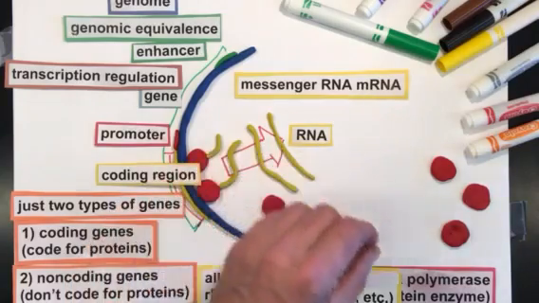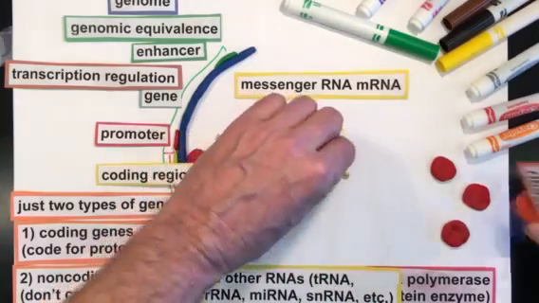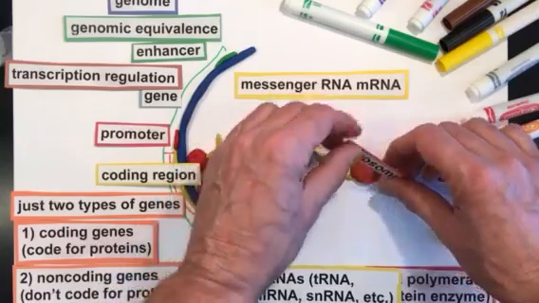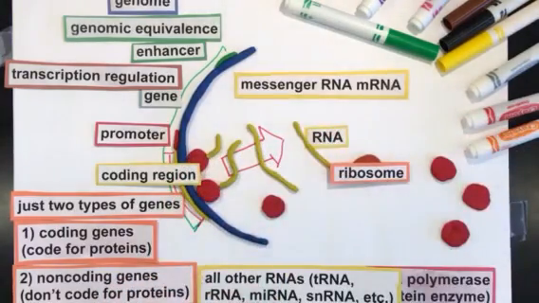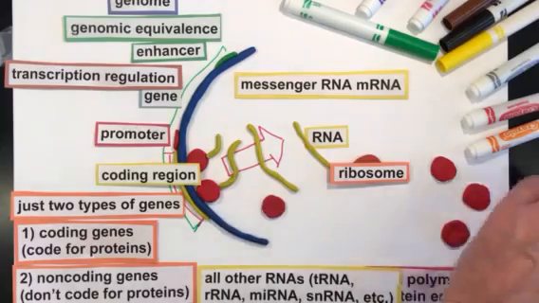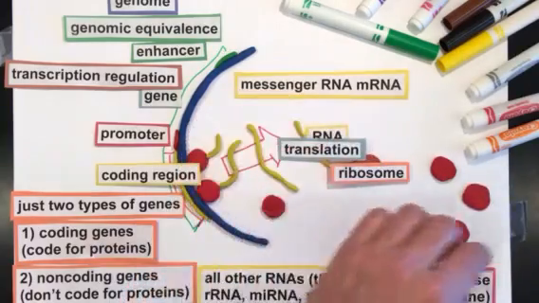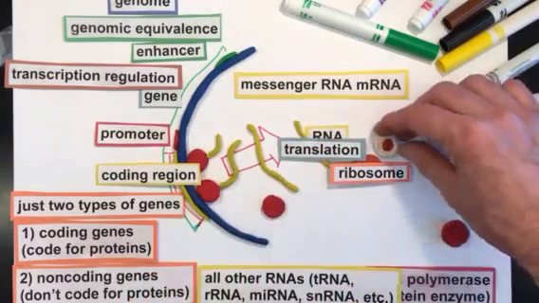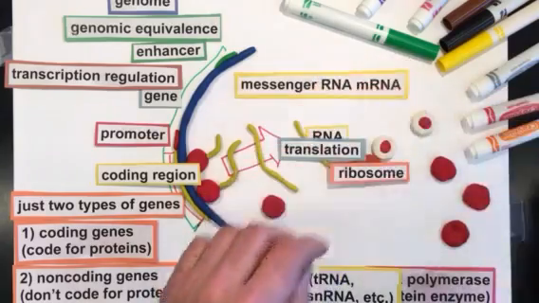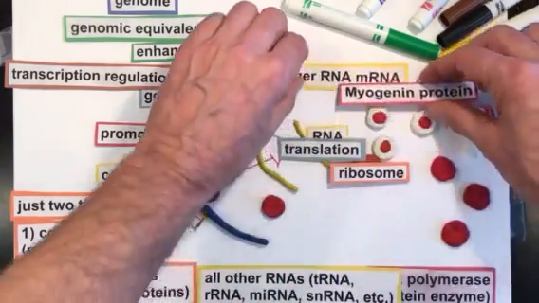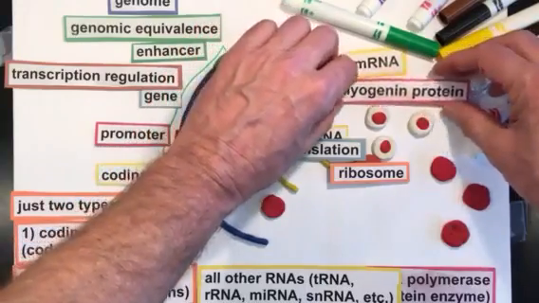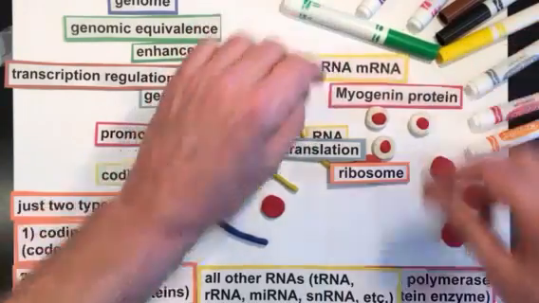That work is going to be done using the RNA and an enzyme called the ribosome. Through a process of translation, the ribosome is going to use the RNA to synthesize proteins. In this case, the myogenin protein that is talked about in some of the other videos.